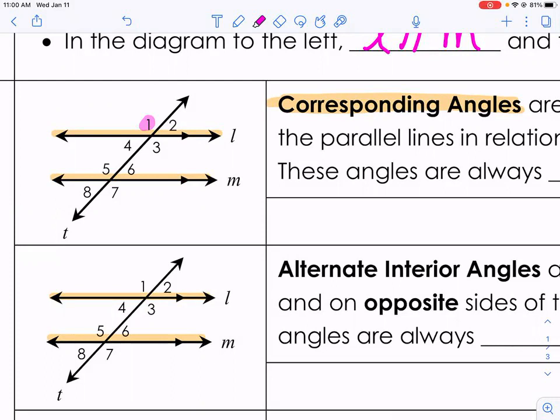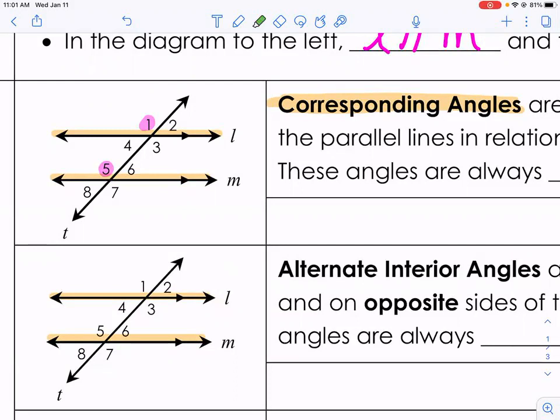So if I highlighted angle 1, what is in the same spot in this set? 5. So I want you to highlight 1 and 5. 1 and 5 are corresponding because they are in the same spot. Up here, top left, down here, top left.